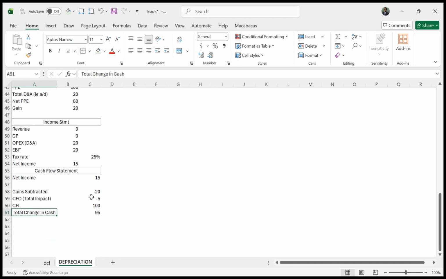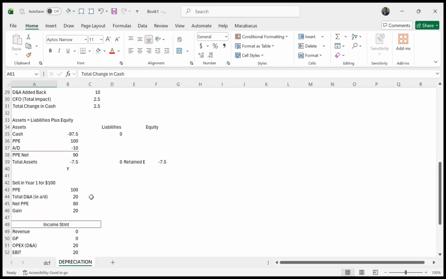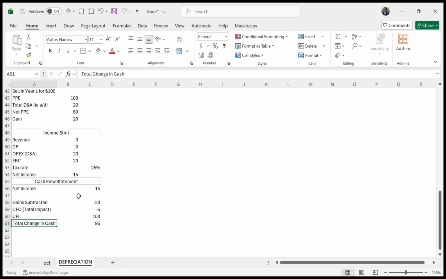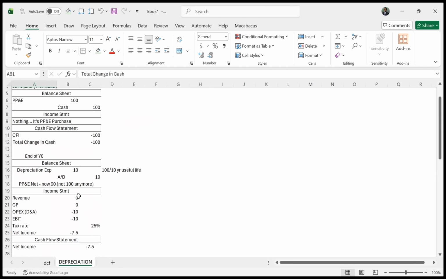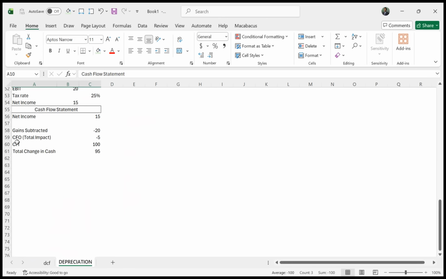That's basically what you want to do there, presuming you got rid of it for 100, but it was worth 80. It's no different if you go up here. Look what happened, your CFI went down 100. Well, now you're selling it again for 100, but the book value has changed.